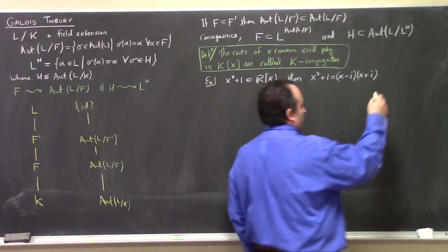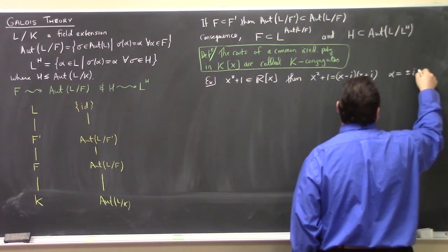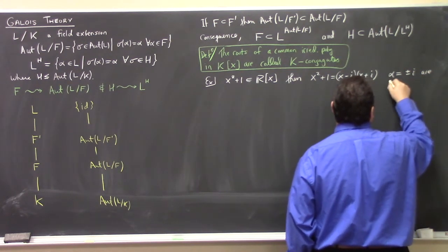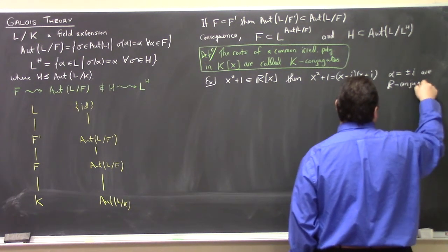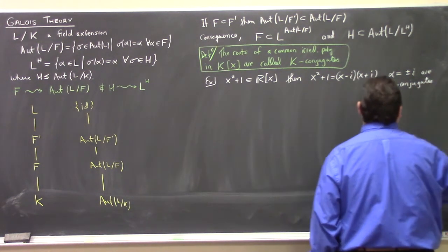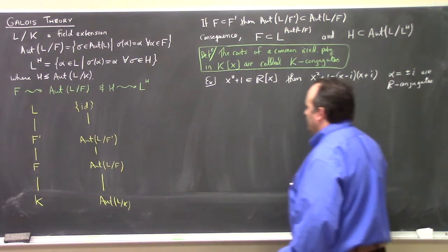Right, so alpha equal to plus or minus i are, according to this language, conjugates. So he apologizes for the language. He's like, I'm sorry, it's so unfortunate that we call them complex conjugates, right? But, all right.